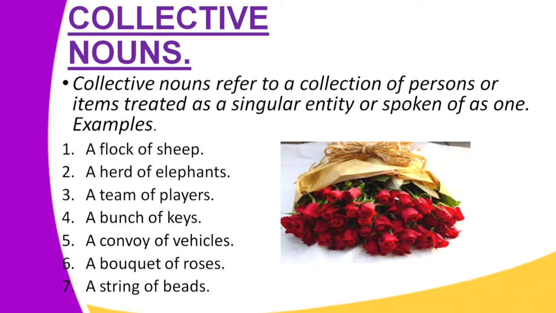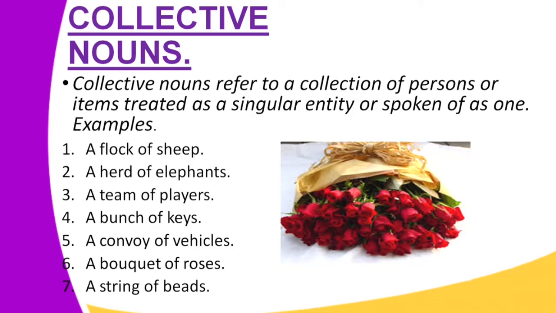Let's look at examples. Example number 1, we have a flock of sheep, a herd of elephants, a team of players, a bunch of keys, a convoy of vehicles, a bouquet of roses, and a string of beads. These are entities treated as one, but in each group there could be 2, 3, 4 or more members.